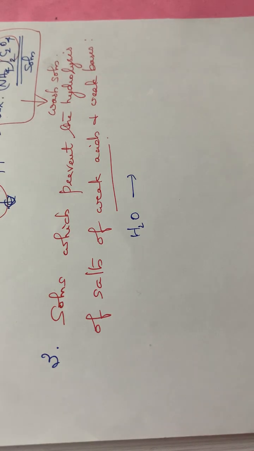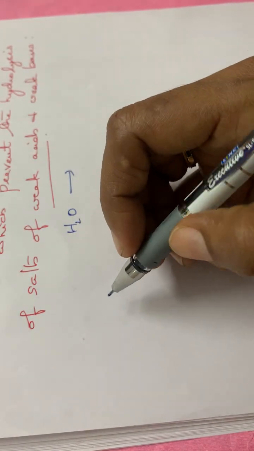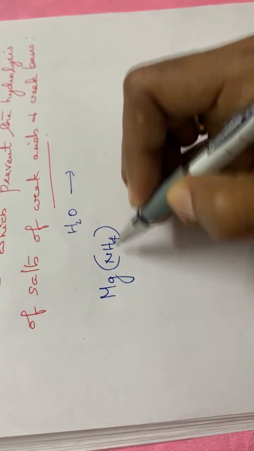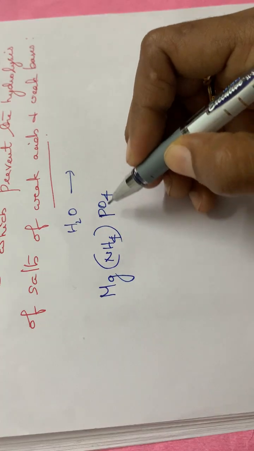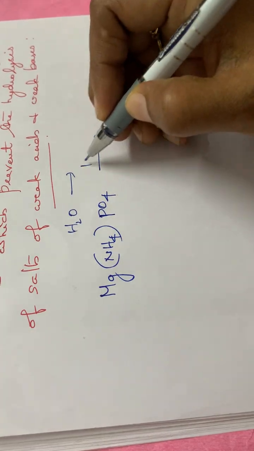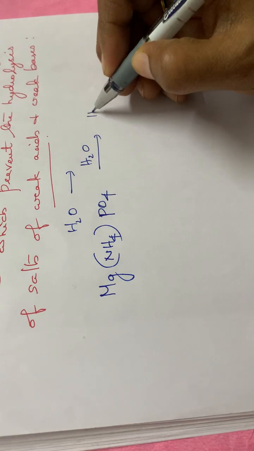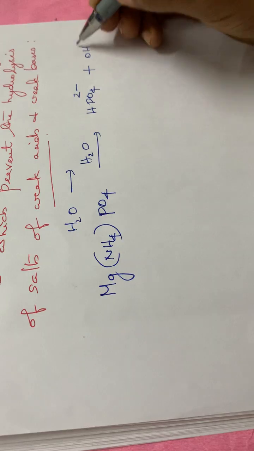Say for example, magnesium ammonium phosphate, MgNH4PO4. In water it will be hydrolyzing to give HPO4 2 minus plus OH minus.